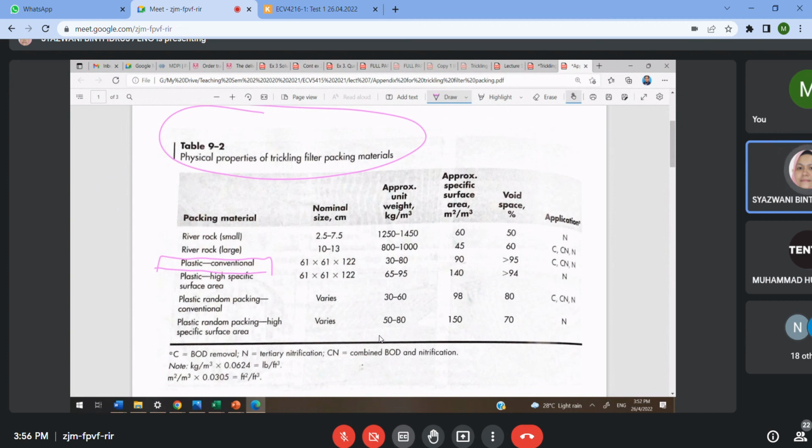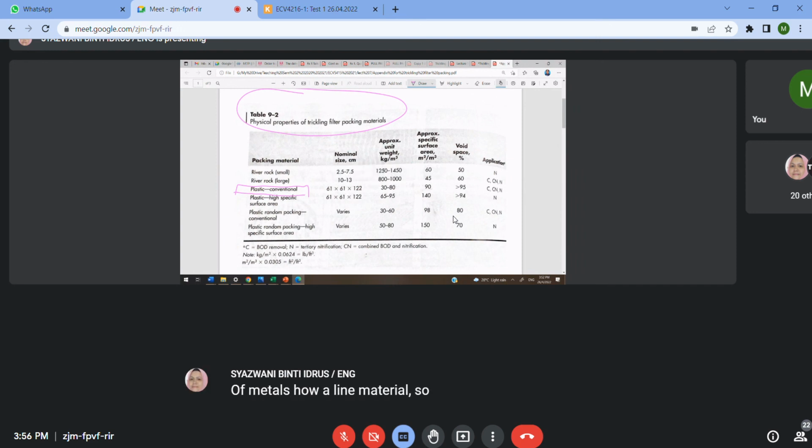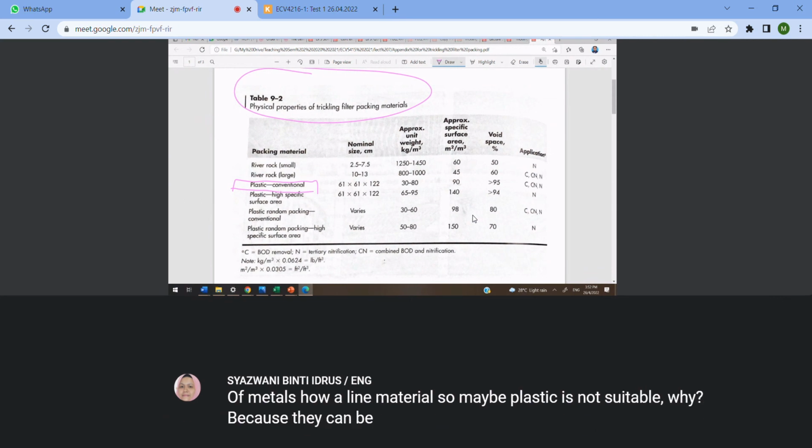However, in some cases, maybe the keywords are not given. You are to determine which packing material is to be used based on the characteristics of the wastewater. For example, if the wastewater contains a high concentration of metals or high alkaline material, maybe plastic is not suitable, because it can be affected by corrosion.